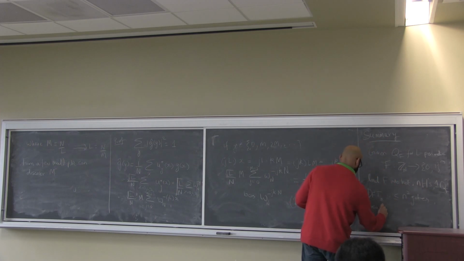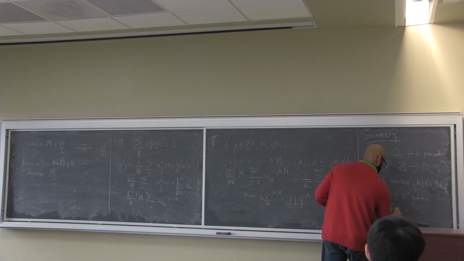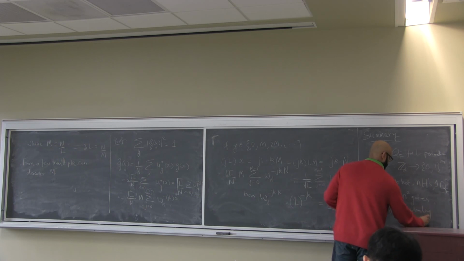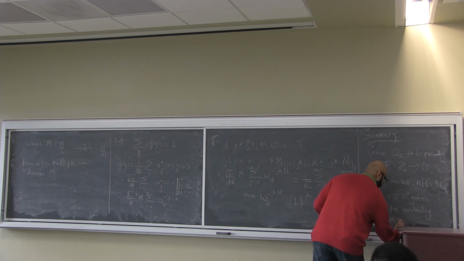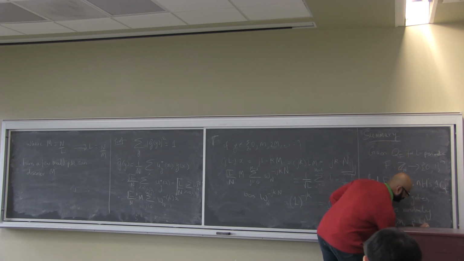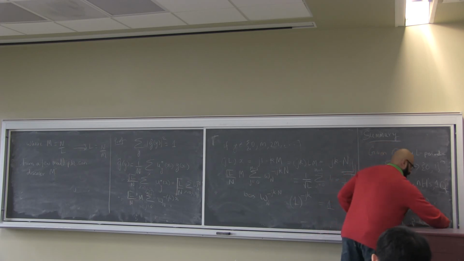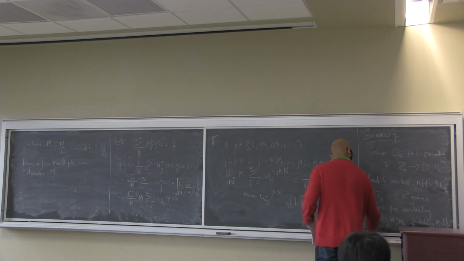The measurement gives random, uniformly, some value y, which belongs to the set 0, m, 2m, etc., where m equals n over L. Okay?